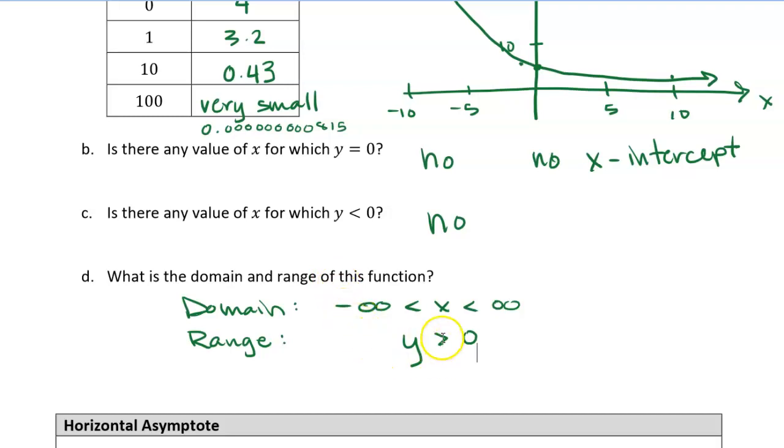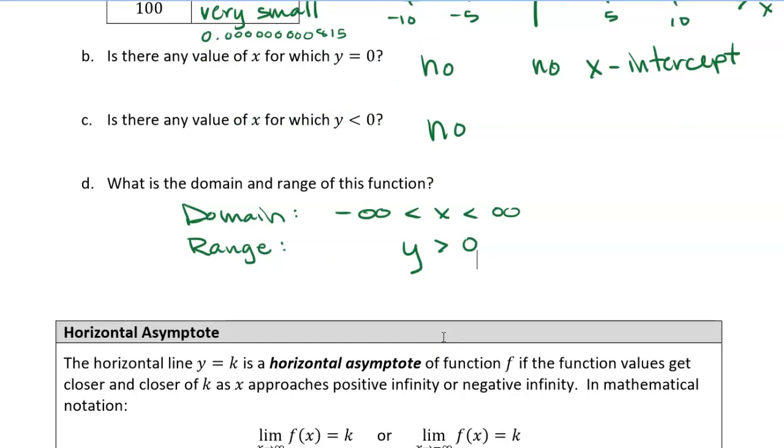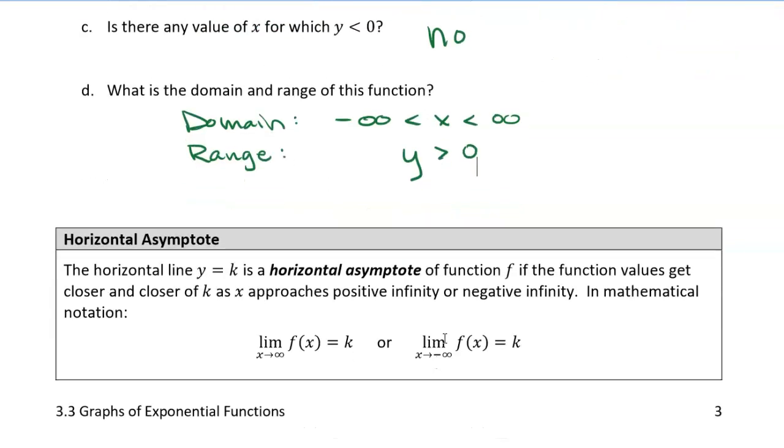All right, now that brings us to the concept of a horizontal asymptote. The definition: in end behavior, if the limit as x approaches infinity or minus infinity of the function approaches some constant value k, then the horizontal asymptote is y equals k.